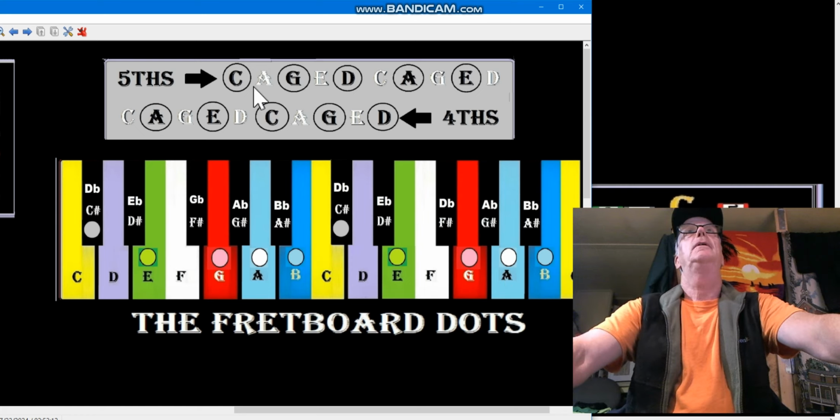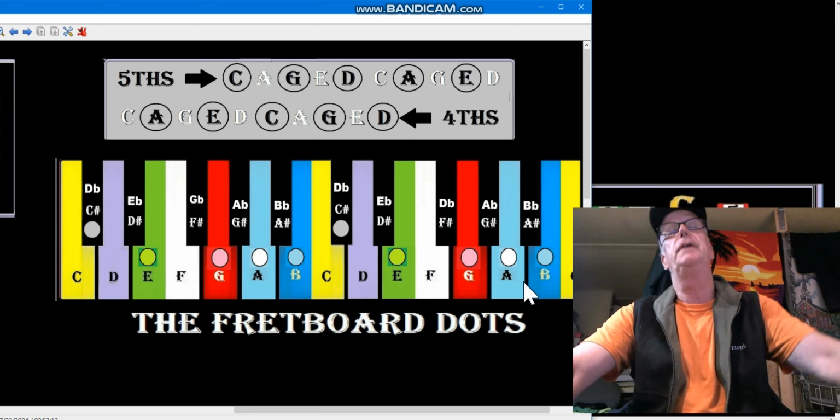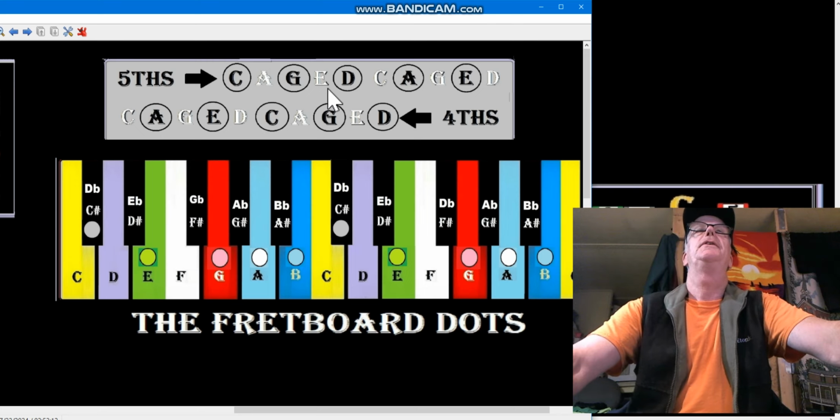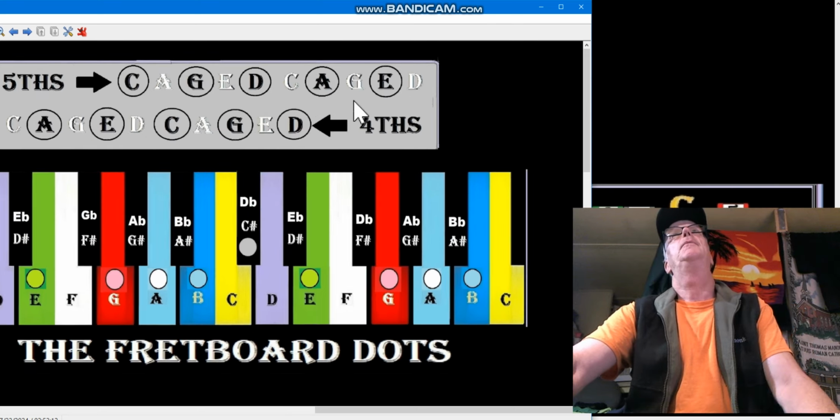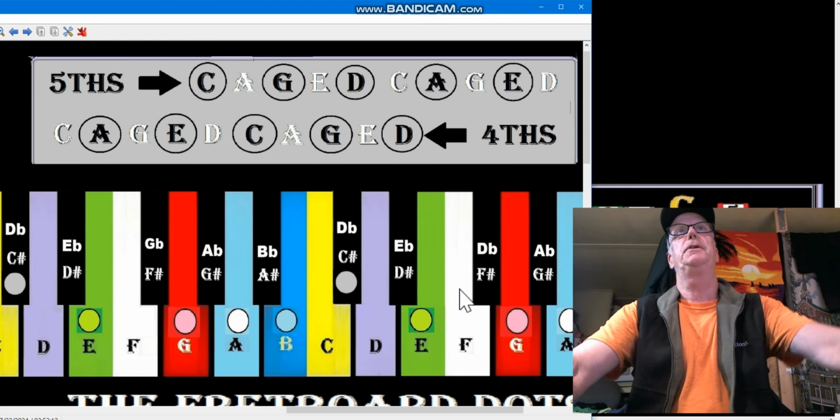So I decided I better learn the dots, because if I ever have to play on someone else's guitar, or if I get a guitar and I don't want to have the notes on it, then I'll go over to the dots. But anyway, I threw this diagram onto the chart, and we're going to cover this today.